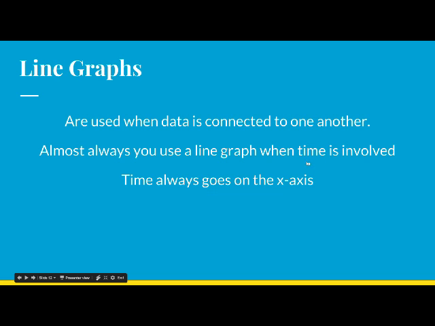If not, most of the time you're going to use a bar graph in my class, or another way to represent the data. I want you to see the data and think, what is the best way to present this? And if it's time, then it's definitely a line graph. And remember, time always goes on the x-axis.